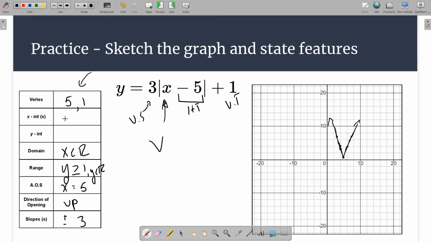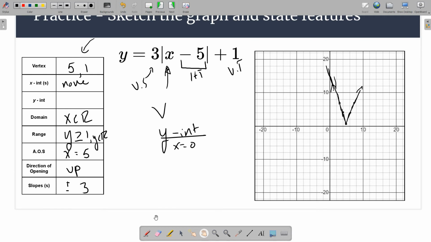So right away I can tell that there are no x-intercepts, there's none. And I'm going to show you how we can prove that in a second. My y-intercept always exists, and I can see that my line is going to hit the y-axis somewhere around here. Let's figure out where. If I want to find my y-intercept, I know right away that my value of x is 0.